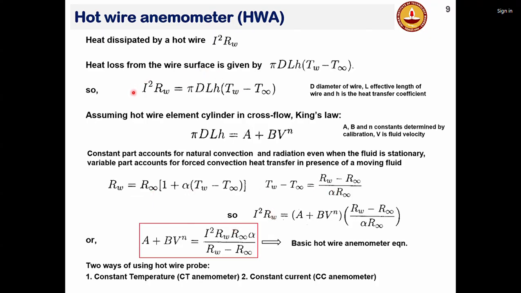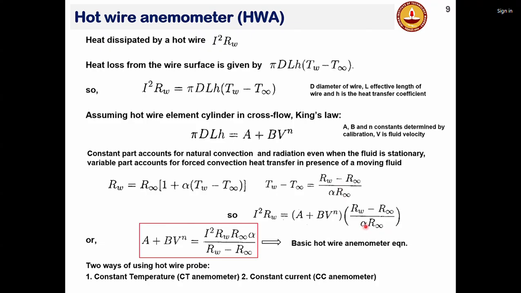Now going back to I square RW, in place of pi d into L into H you substitute A plus B into V to the power n, and in place of TW minus T infinity you express RW minus R infinity divided by alpha R infinity.